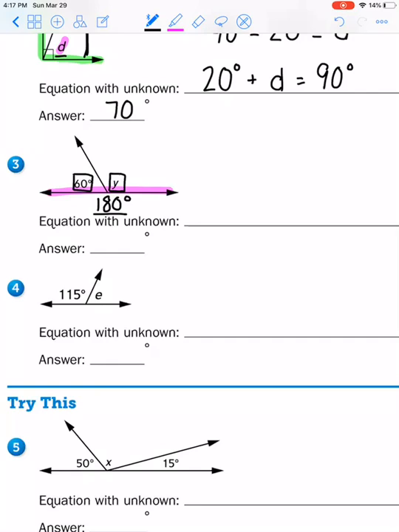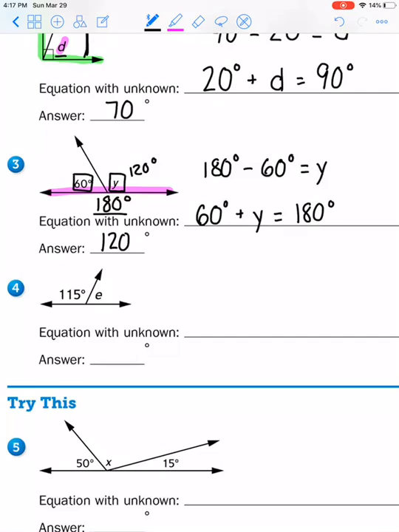So you could write this 2 ways. 60 degrees plus y equals 180 degrees, or 180 degrees minus 60 equals y, and y equals 120 degrees.